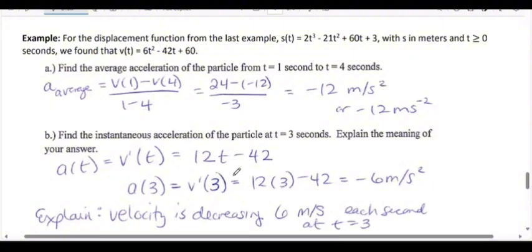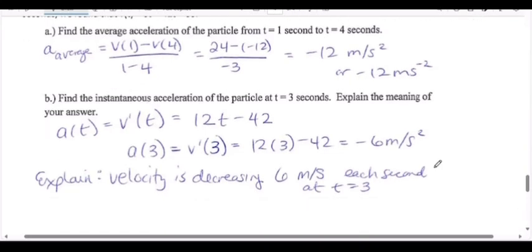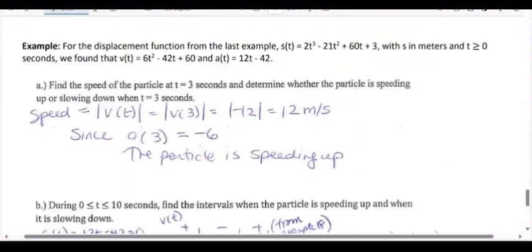At 3 seconds, if I plug that in, that gives me -6 meters per second squared. Don't forget meter per second squared is the unit of acceleration. The only way we can explain that is that our velocity is decreasing at 6 meters per second, each second, at t equal to 3. That's what it means.